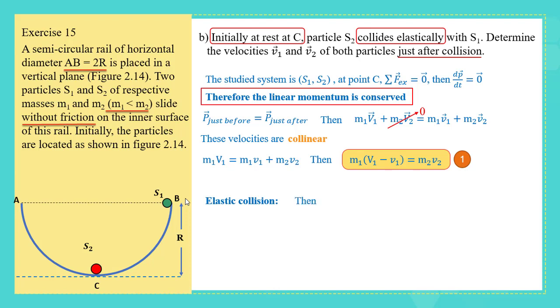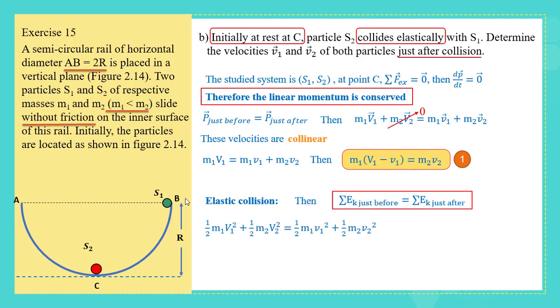So it means the sum of kinetic energy just before collision is equal to the sum of kinetic energy just after collision. Here we have two particles, then we can write half m1 v1 squared plus half m2 v2 squared equals half m1 v1' squared after collision plus half m2 v2' squared after collision.